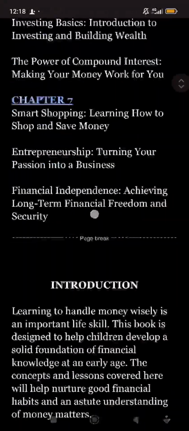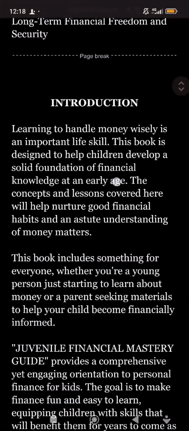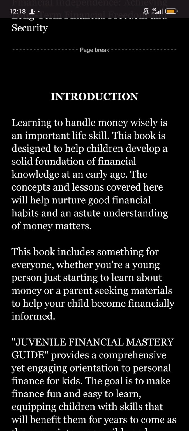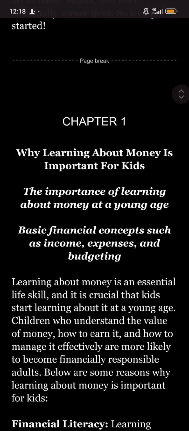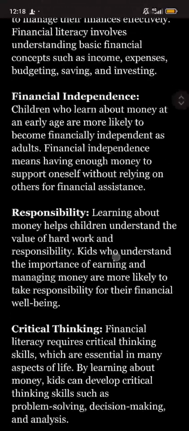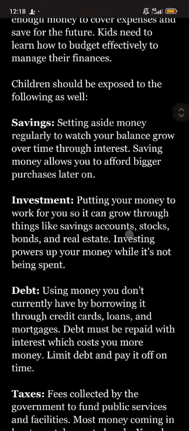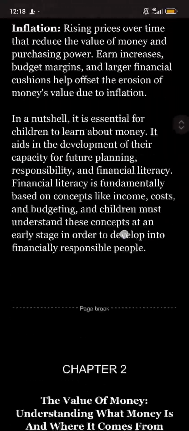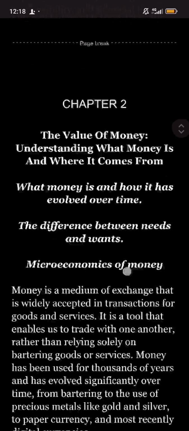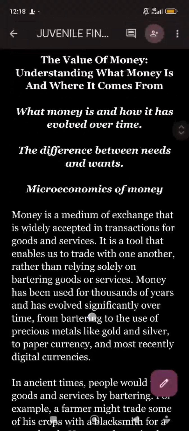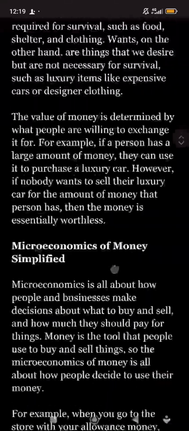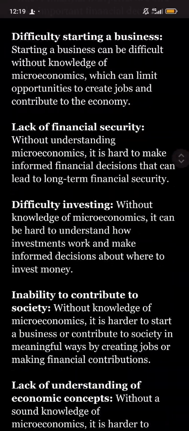So you now write your introduction. This is chapter 1, everything that has to do with chapter 1. After that, page break, chapter 2, everything that has to do with chapter 2. Chapter 3, till the end.